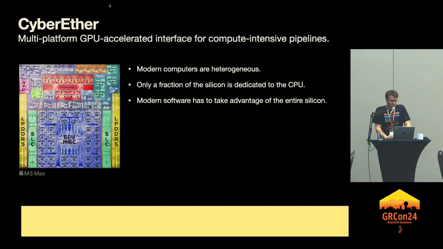So it's my pitch that modern software with modern requirements needs to support in some way heterogeneous computing to make sure you're utilizing your machine to the full extent. So that's why I started CyberEther, just to show how this thing can be done. One of the ways, there are many.